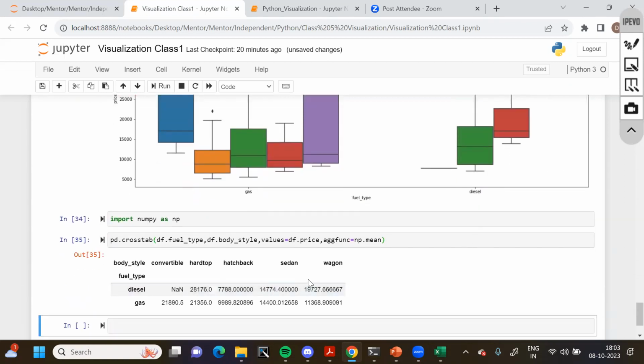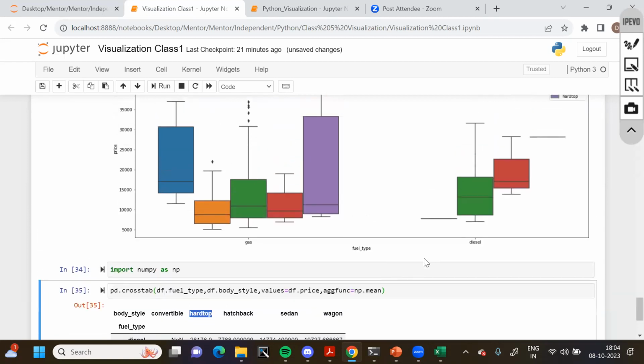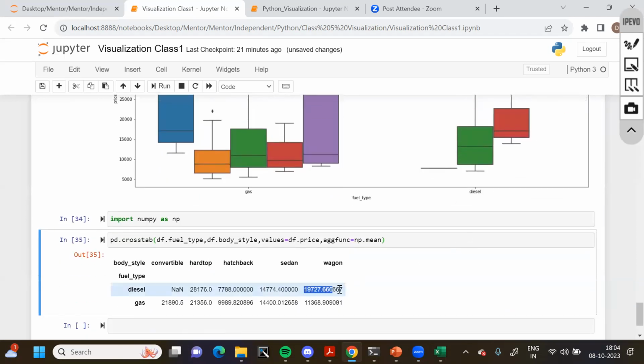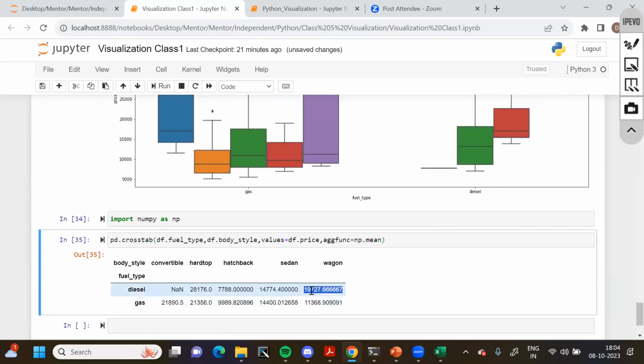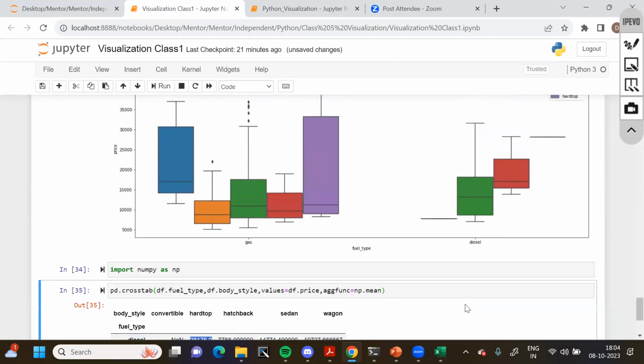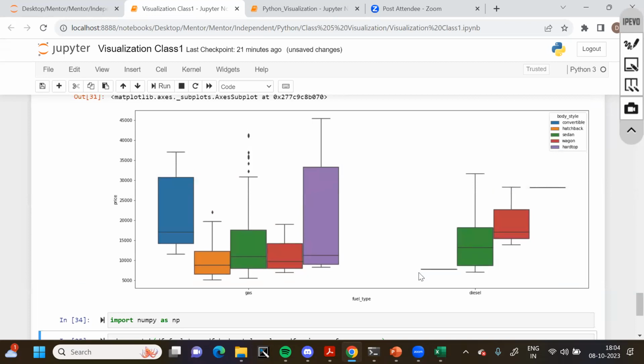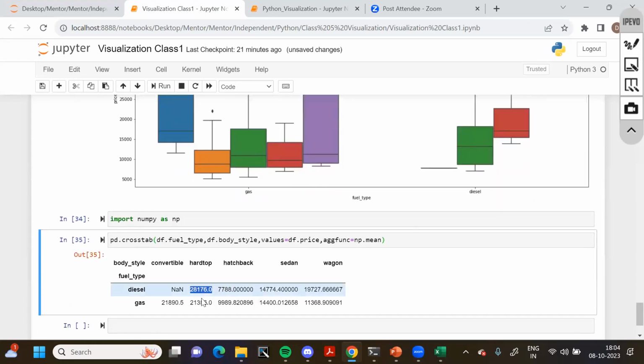If you can see here, convertible is not available here. Wagon and hard top only had one variant given in our observation. So I wanted to see what the price of this is. Which one is bigger? This one is bigger, right? So this is hard top and this is wagon.